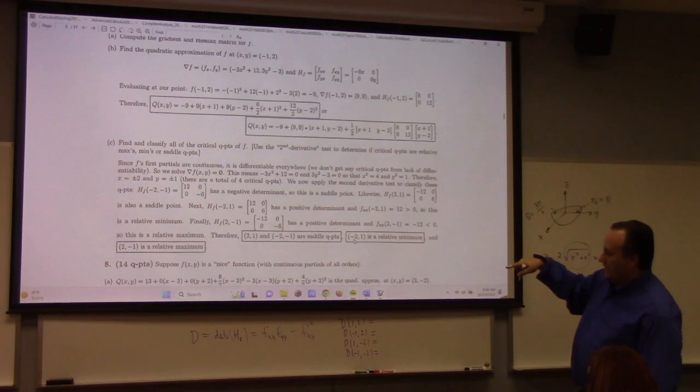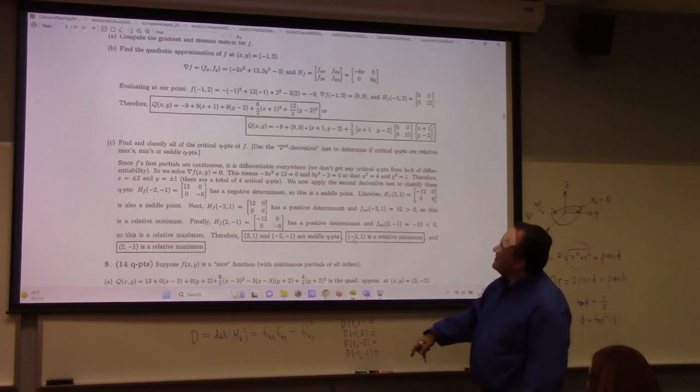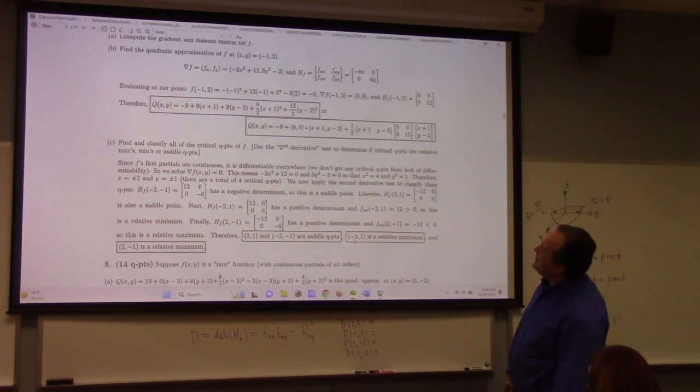We're now at these points. He had us find the quadratic approximation at one of the critical points, didn't he?